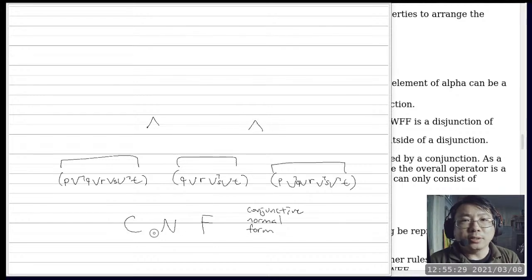Okay, that makes a CNF. This is just a random example of what a CNF looks like, a conjunctive normal form.